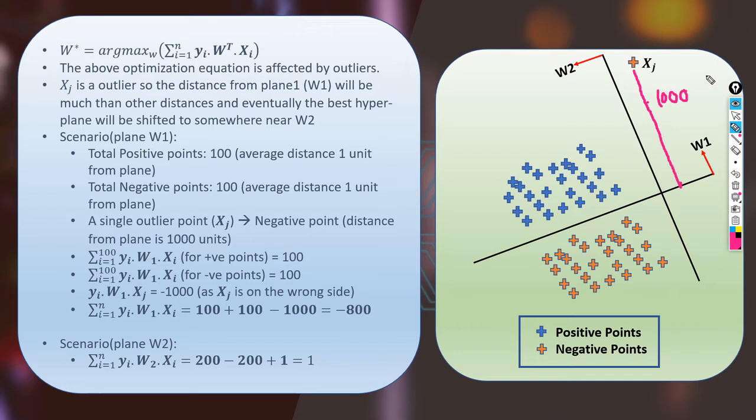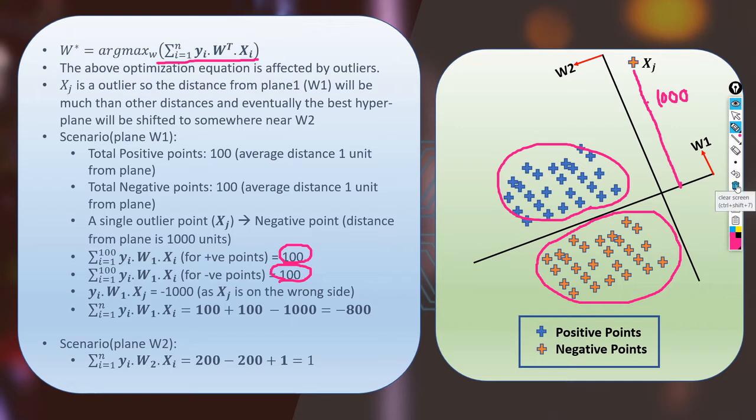Now, if we find the summation of the signed distance, this hyperplane will correctly classify all the 100 positive points, so the sum of signed distances for the positive points will be 100 units. It will also correctly classify all the negative points, so the signed distance for the negative points will again be positive 100.